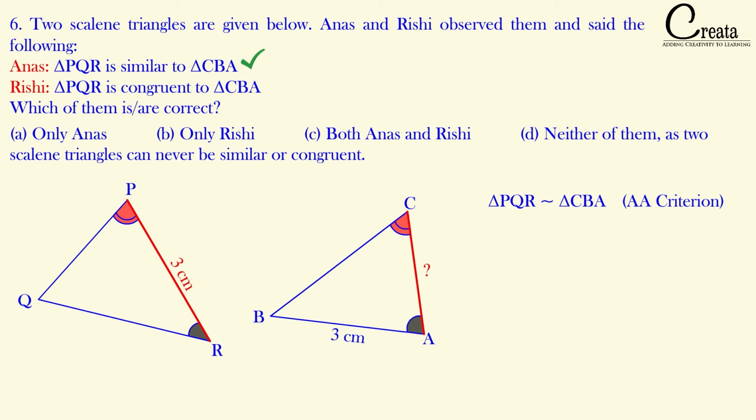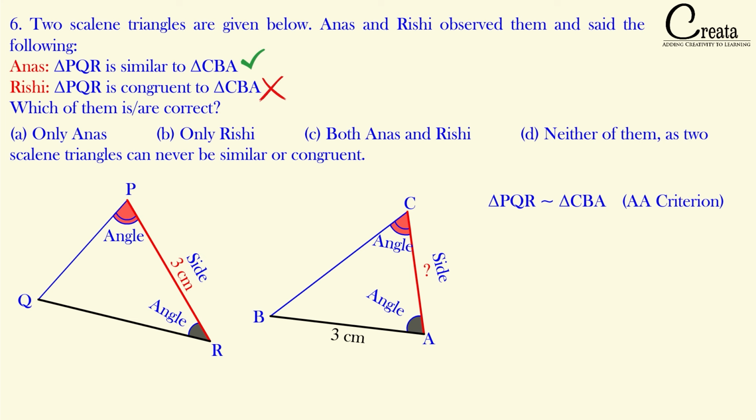PR is given as 3 cm and CA is not given, but AB is given as 3 cm, which corresponds to the side QR. So if we want to apply the angle-side-angle criteria for the congruency of two triangles, the criteria will not be applicable. Angle-side-angle in this triangle is not matching with angle-side-angle of the second triangle. So the statement given by Rishi, that triangle PQR is congruent to triangle CBA, is wrong. That is incorrect.